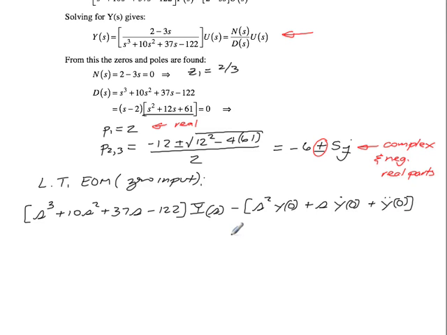Then from the second term on the left side, I can't leave off my 10 here, minus 10, and that's an s times the initial condition on y plus a y dot. And then the last term, the minus 37 times the initial condition on y.